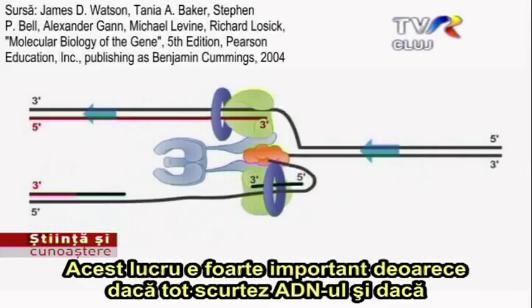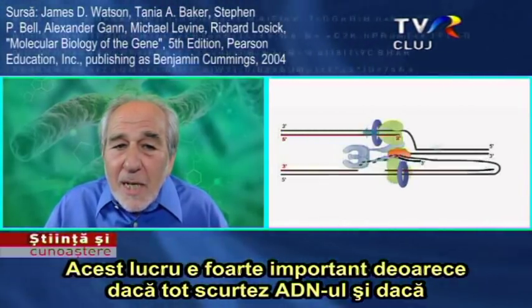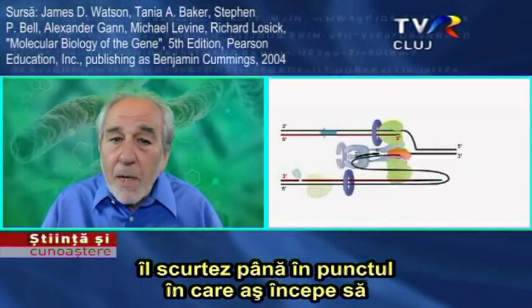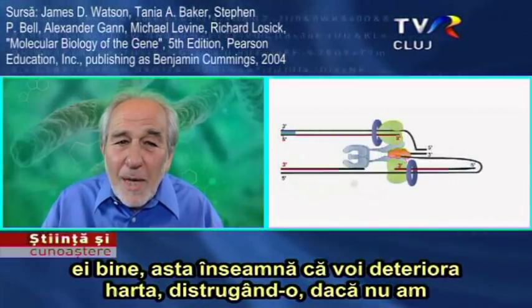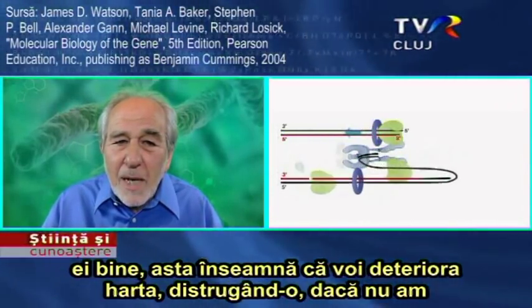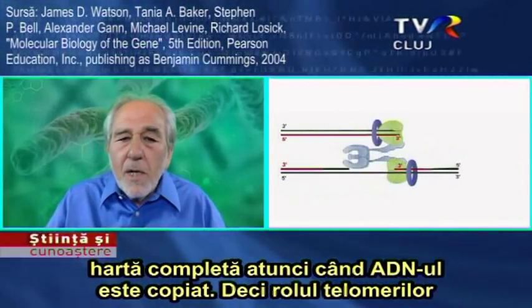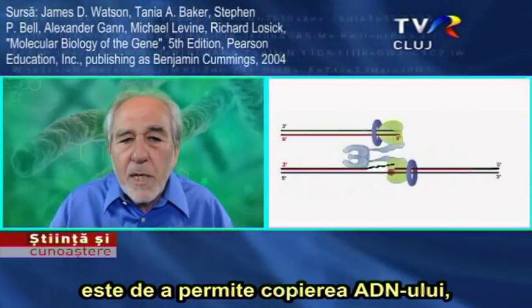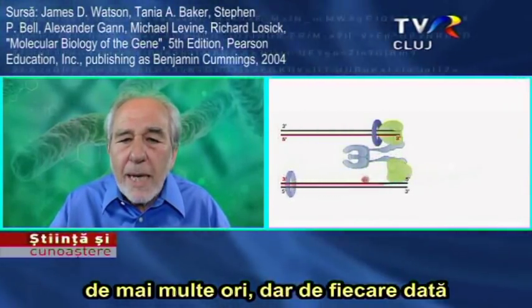This is very important because if I keep shortening the DNA to the point that I'm cutting off the genetic code, the part in red, that means I'm going to ruin the blueprints by breaking it off and not having a complete blueprint when the DNA is copied. So the function of telomeres is to allow the DNA to be copied over and over again.